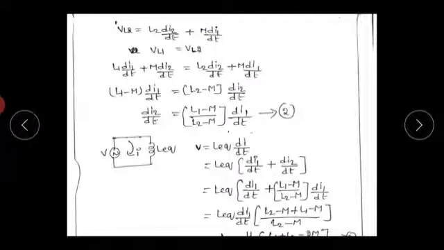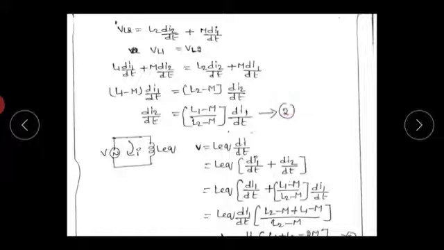In this circuit the two coils are connected in parallel, so VL1 equals VL2. Taking di1 by dt and di2 by dt common, we can write L1 minus M into di1 by dt equals L2 minus M into di2 by dt, and di2 by dt equals L1 minus M by L2 minus M into di1 by dt.